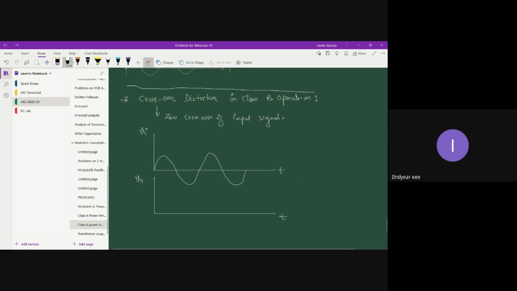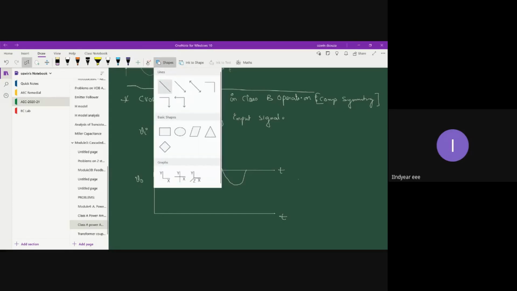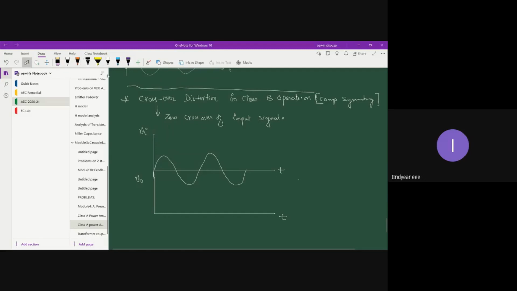Basically this comes in complementary symmetry transistor. Two threshold levels, as in one threshold level is set by NPN transistor and the second threshold level is set by PNP transistor. So let's say this is the threshold level for NPN. And this is the threshold level for PNP.